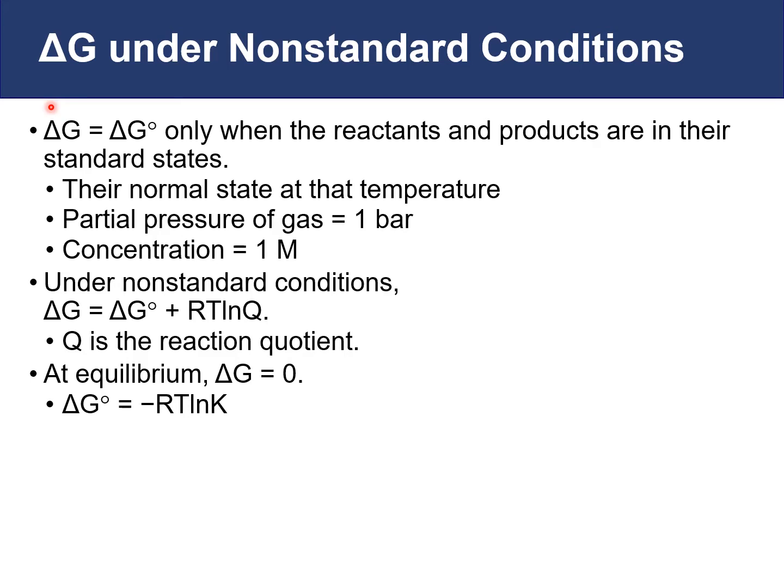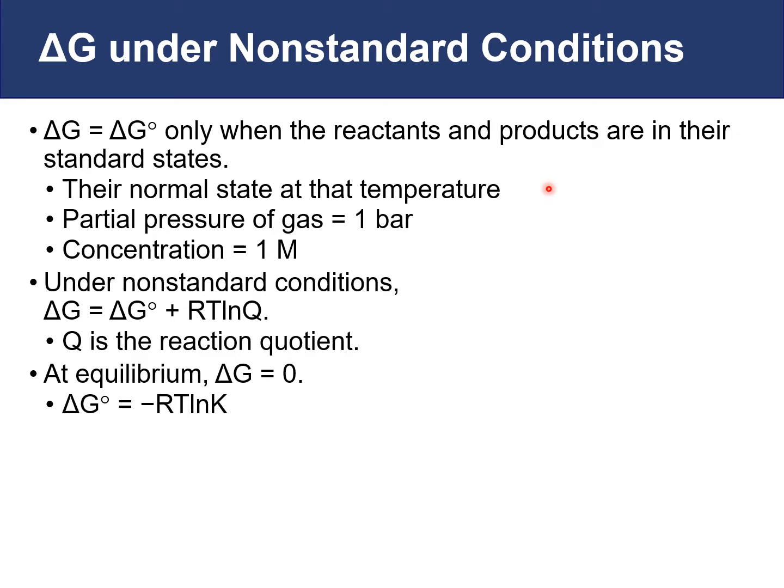As a reminder, standard state conditions are when you are working in the normal state for your compound at that particular temperature. So for example, carbon dioxide at room temperature, 25 degrees Celsius, is a gas. A non-standard state would be if we had it as a liquid or a solid.